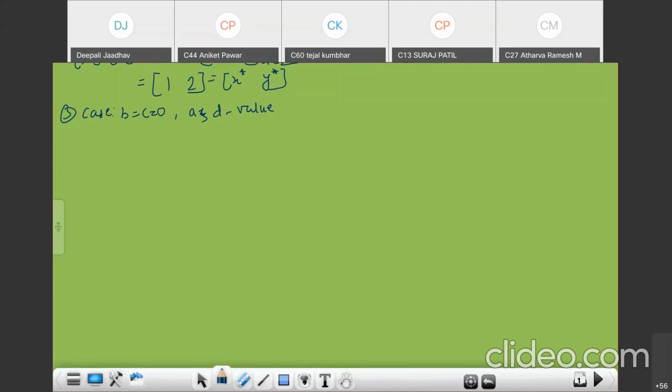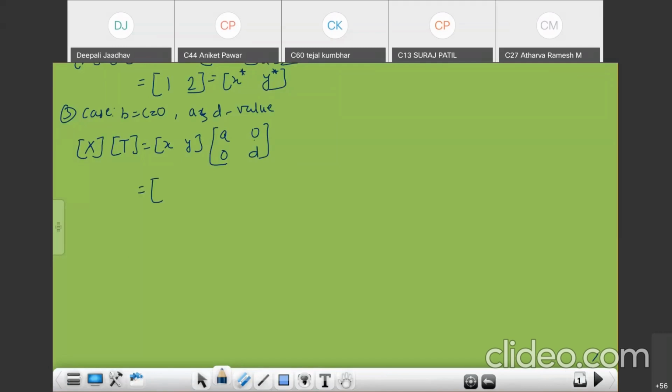Now I write here the standard matrix: x has the x y coordinates, and the transformation matrix t has a with some value, b 0, c 0 and d with some value.